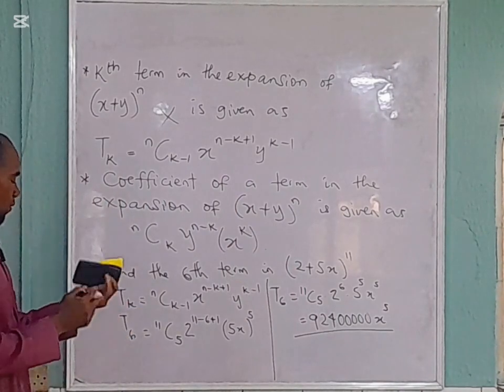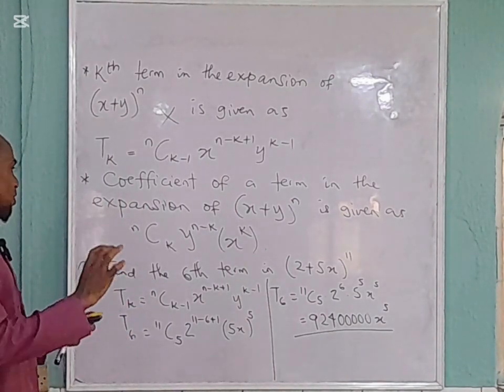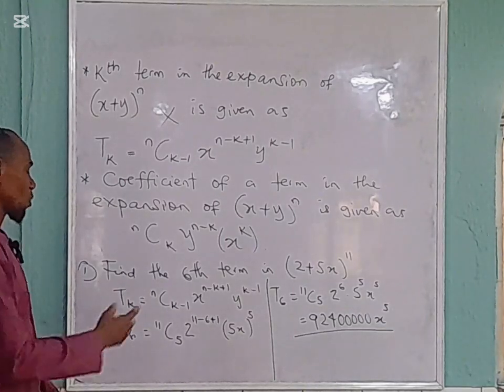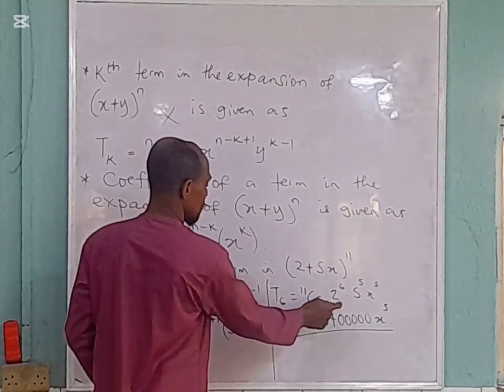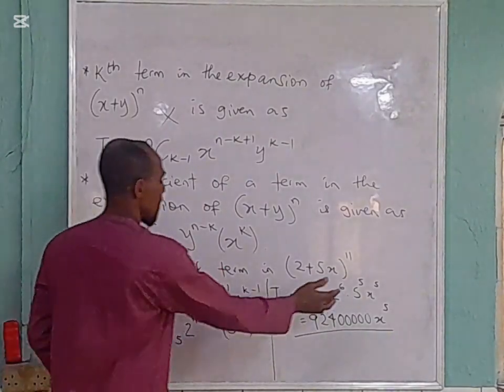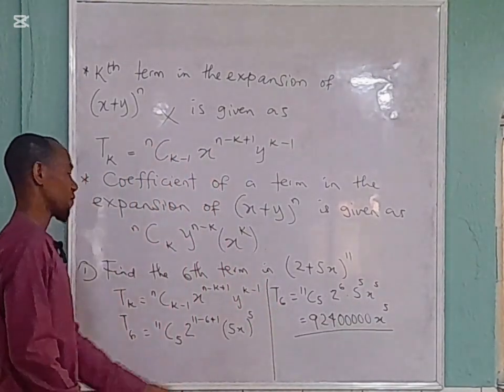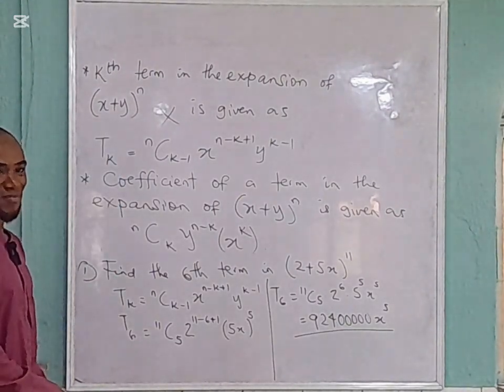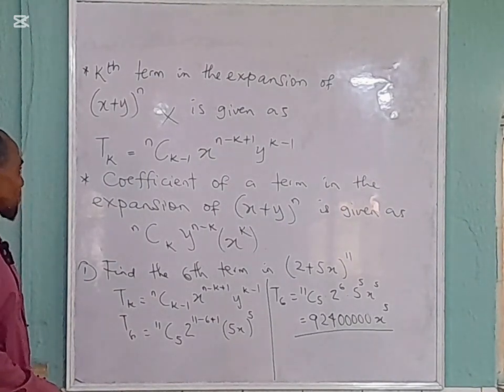That's exactly the sixth term that we need. So we don't need the entire full expansion. The calculator gives 11 combination 5 is 924, 2 to the power 6 is 64, and 5 power 5 is 3125. And you get that as your sixth term of this expansion, which I believe is quite explicit.